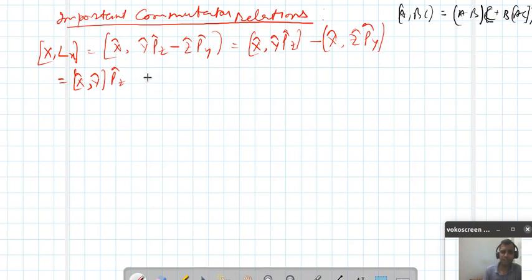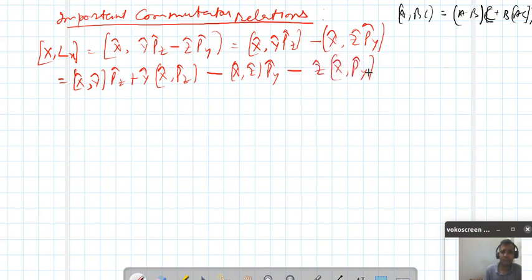So that means this y as it is, and this x pz as it is, right? And similarly, this can also be expanded in this form. So it is xz, it is py minus zx and py, right? So this is 0, this quantity is 0, and this quantity is 0. So everything comes out to be 0. So that means the commutator of x with Lx is equal to 0.